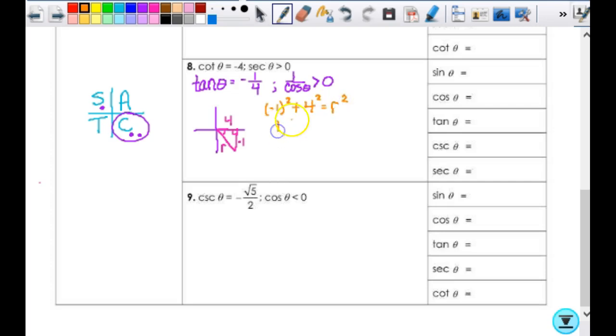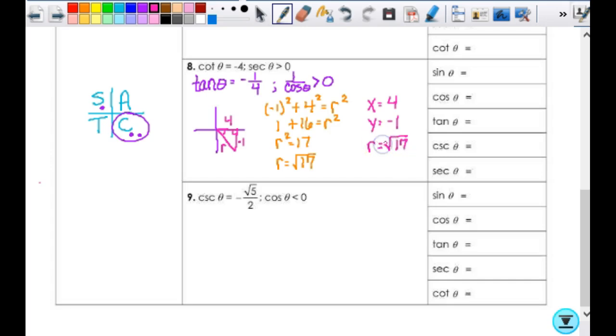So this is going to give me 1 plus 16 equals r squared. So r squared equals 17, and r is just the square root of 17. That's a prime number, and it doesn't reduce. Okay? So what I have from here then is that my x value is a positive 4, my y value is a negative 1, and my radius is the square root of 17.